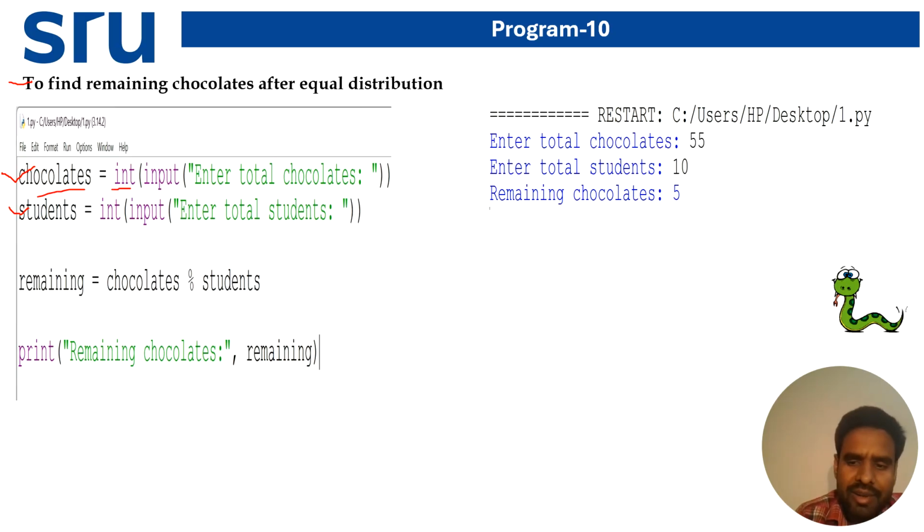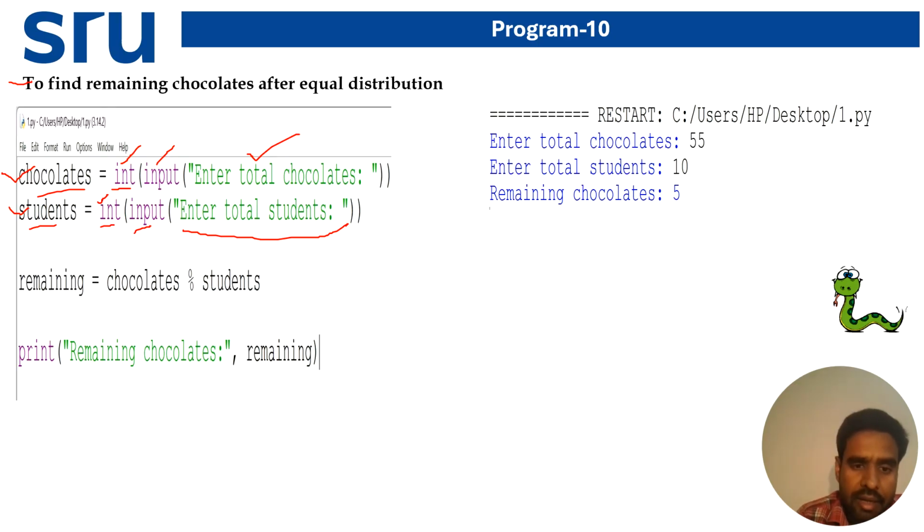The quantity of chocolates is always an integer, not a decimal. So I'm taking int. Now I'm using the input function, with the message: enter the total chocolate. Now I'm taking students. Students are also not decimal, like 3.5 students, so they are also integers. So I'm taking int, and the input function to take the input from the user, with the message: enter the total student.